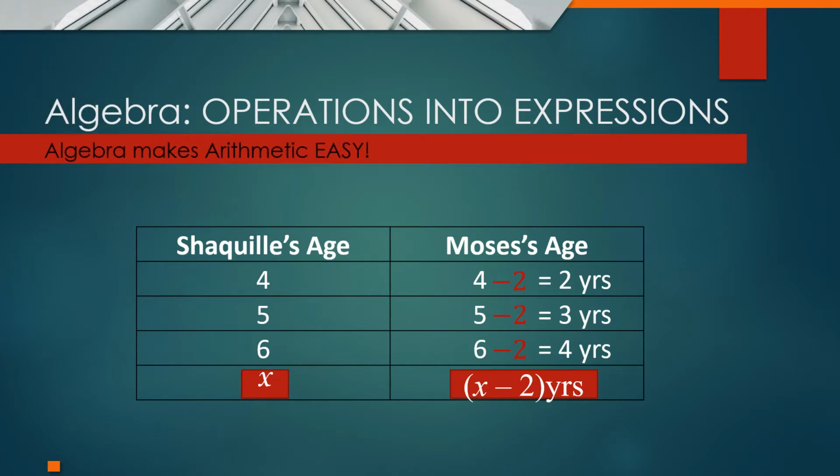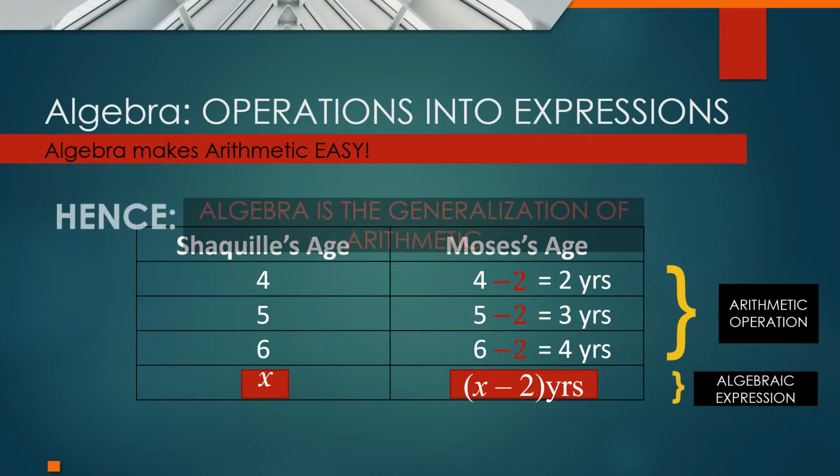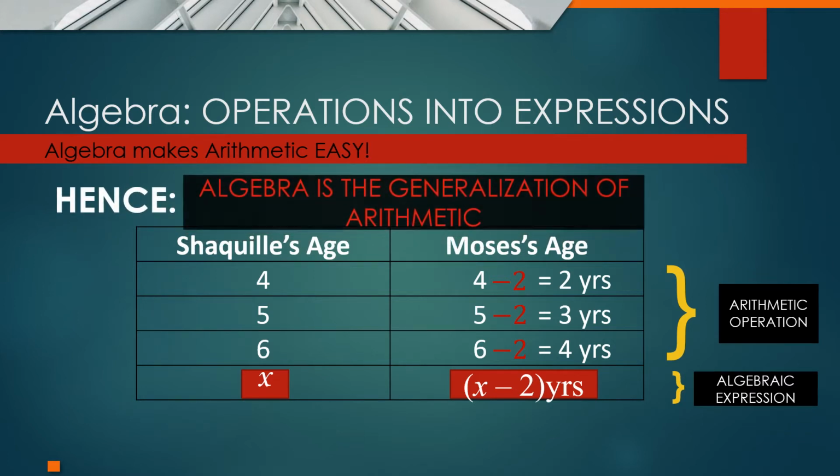Now let's focus on the portion of the table directly above X minus 2, where we see the arithmetic operations detailing Moses' age for every single one of Shaquille's age. Just below that, the algebraic expression does the very same thing, but in a more general way. Hence, algebra is the generalization of arithmetic.